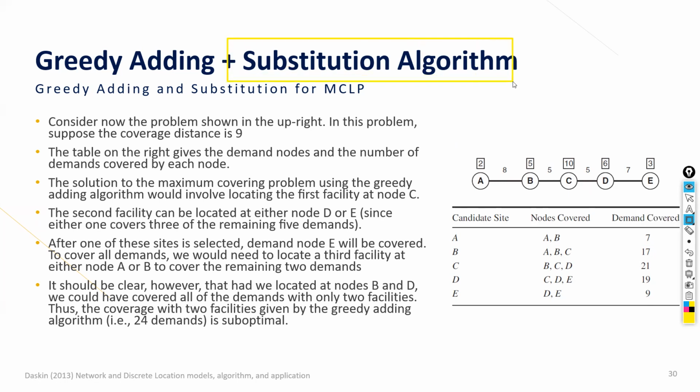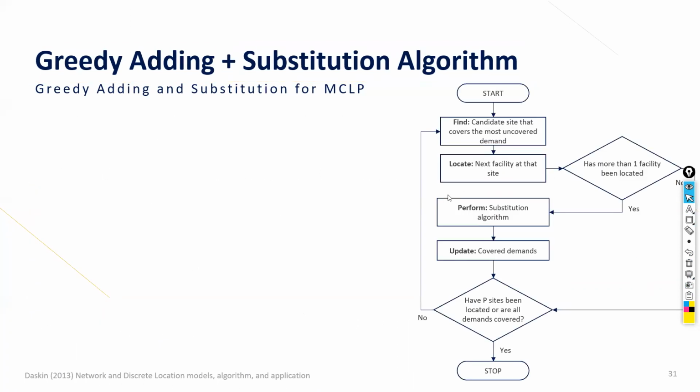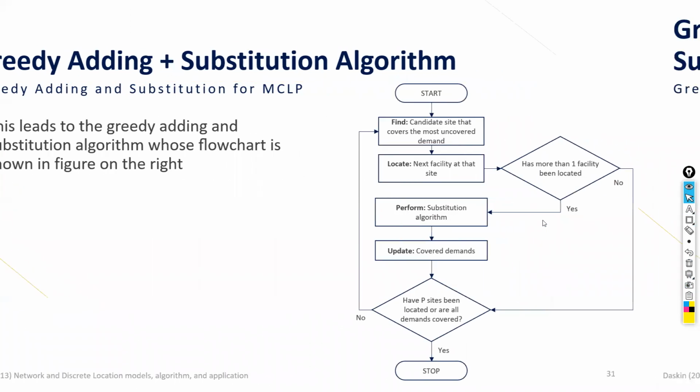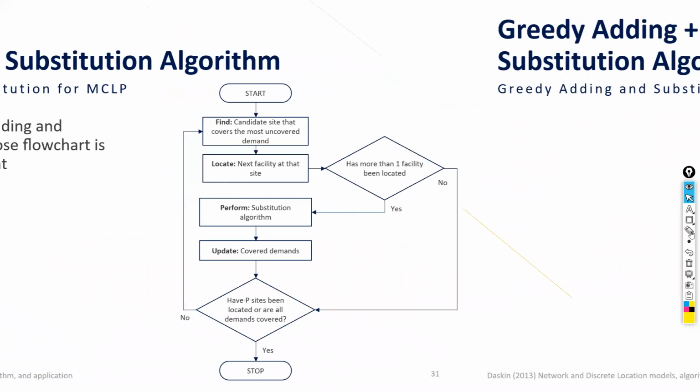One of them is known as substitution algorithms. That belongs to local search or heuristic algorithms. So you try to improve from what you already have in the greedy algorithm. This one is the greedy adding part, and then there is an improvement here.